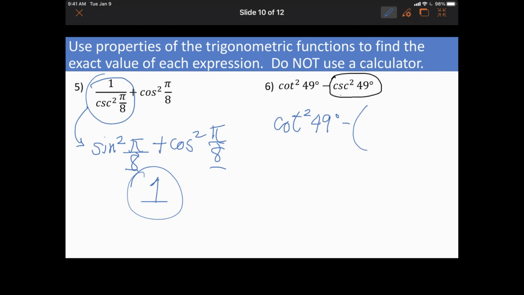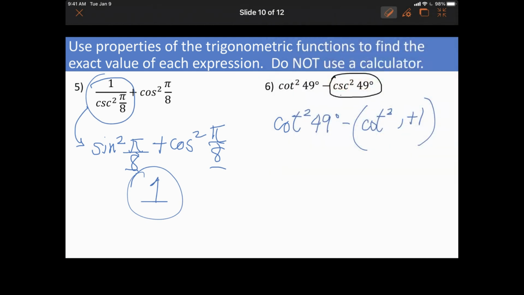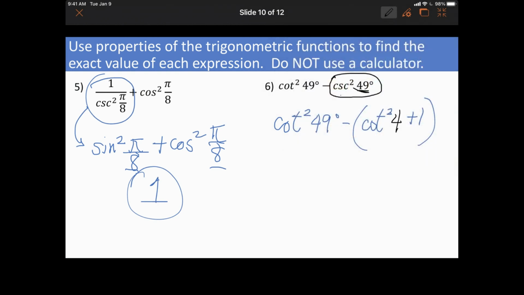That equals cotangent squared theta plus 1. What's my theta? It's 49, my bad.